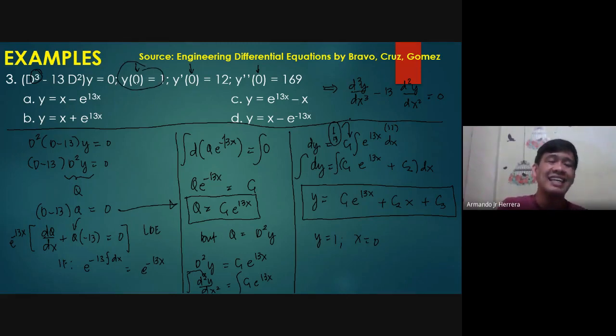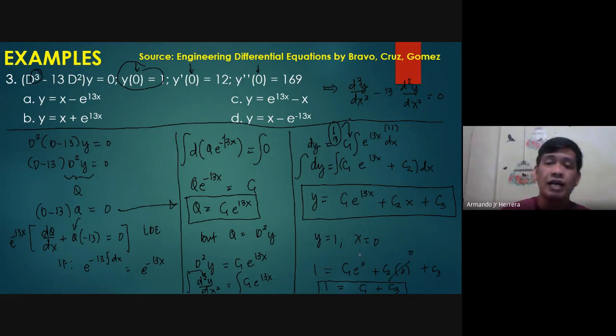So substituting, that gives 1 equals c1 e to the 0 plus c2 times 0 plus c3. Then that's 1 equals c1 plus c3. So that will be our first equation, since c2 times 0 is 0 and e to the 0 is 1.